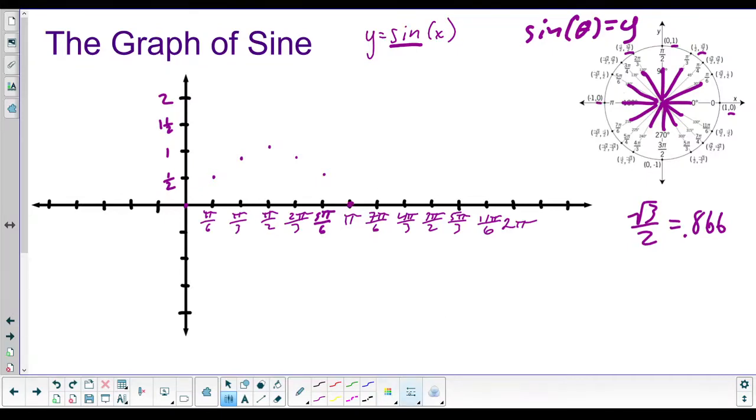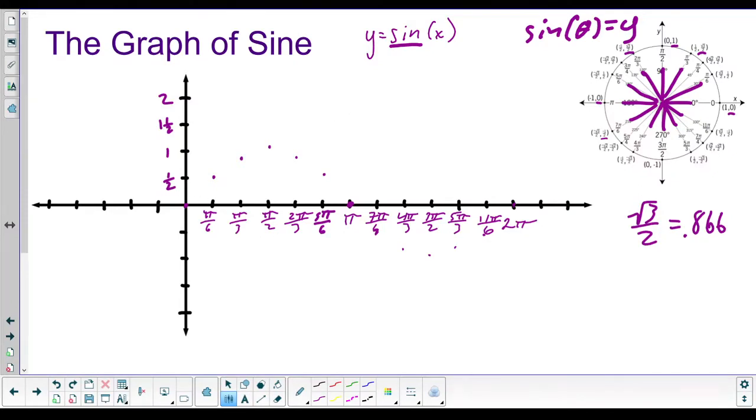Okay. Now, once we go past pi, we start using these same values again, except now they're negative. So we're going to go to negative a half. We're going to go to negative 0.86. We're going to go to negative 1, negative 0.86, negative a half, and then back to 0.